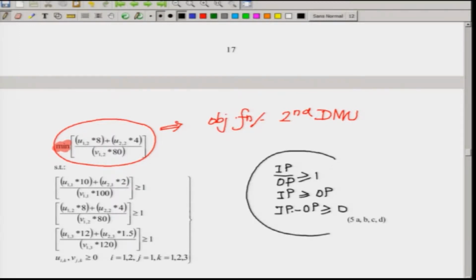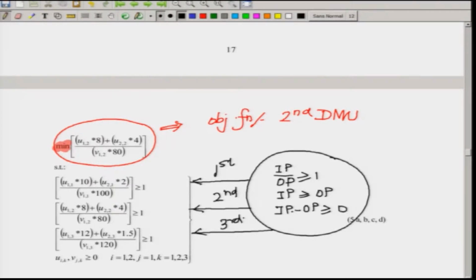So, these three equations are coming for the first DMU, for the second DMU and for the third DMU. So, this is for the first, this is for the second, and this is for the third. It is the same way I denoted for the first DMU: the first, second, third.